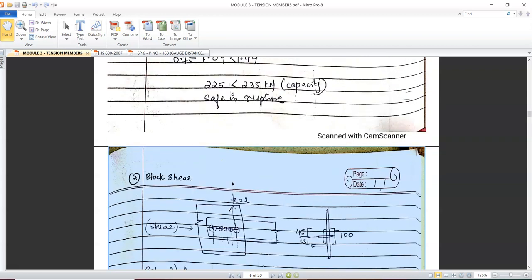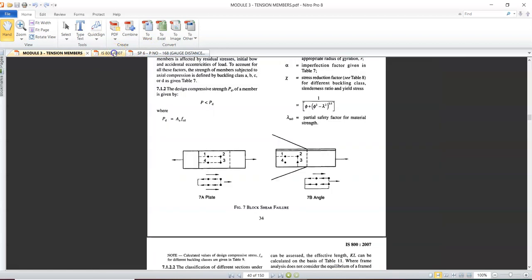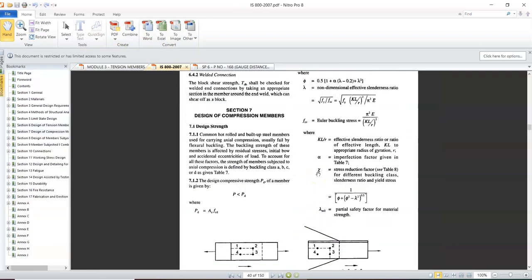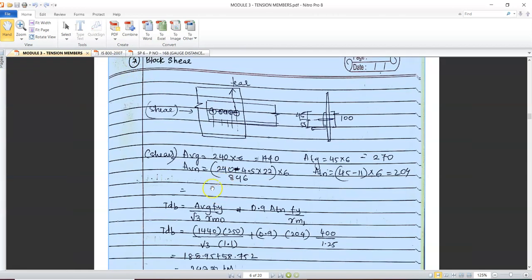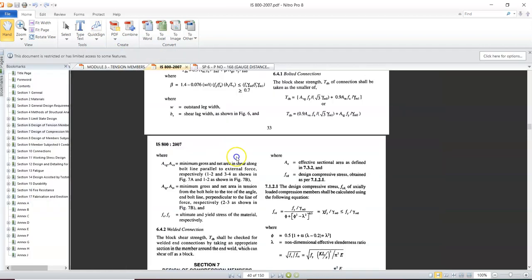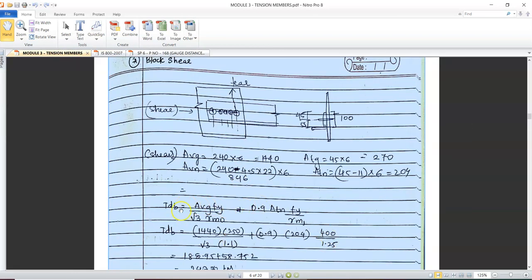Now, when you refer to the formula of the block shear, it is this formula. The same formula is copied here in our notes also.